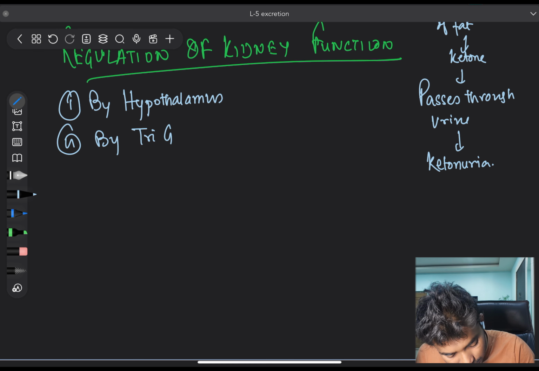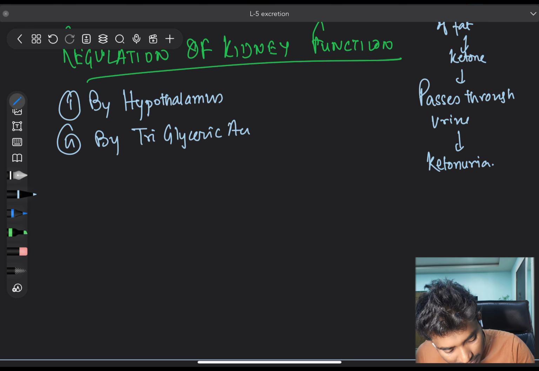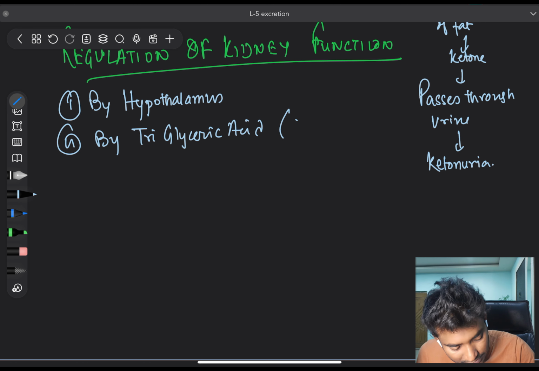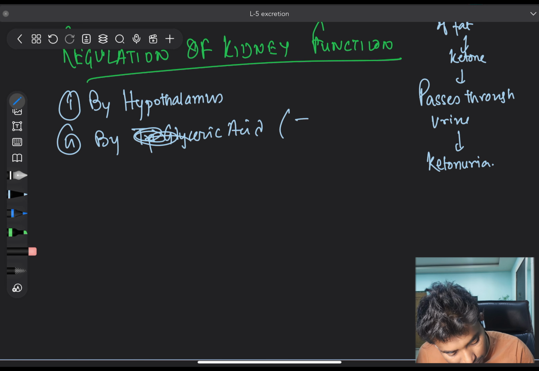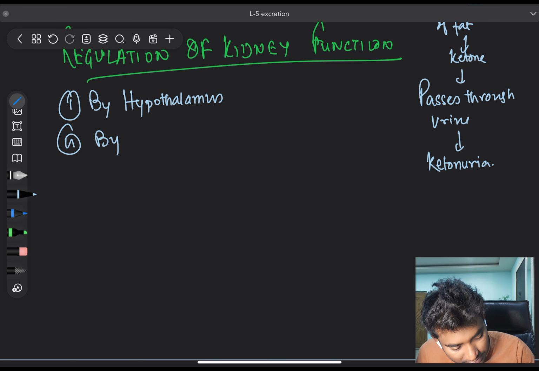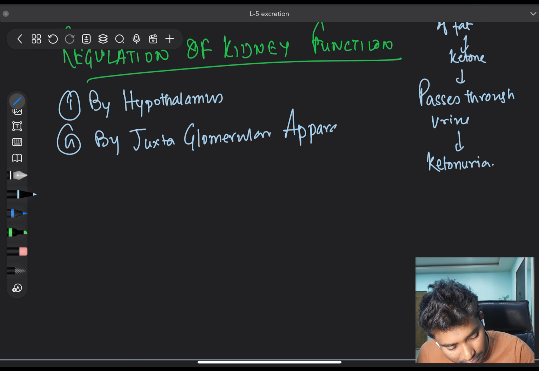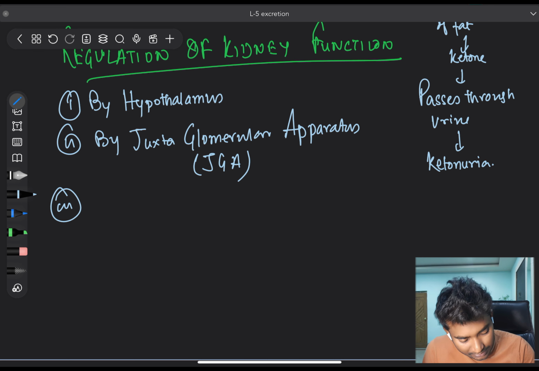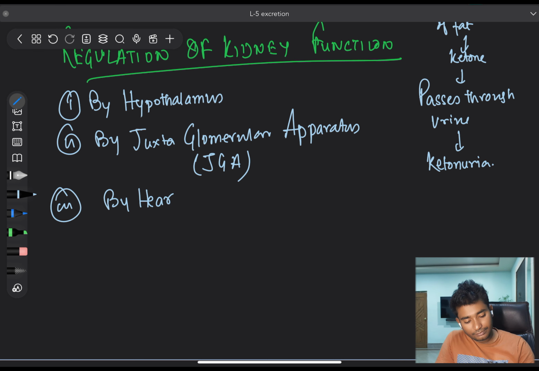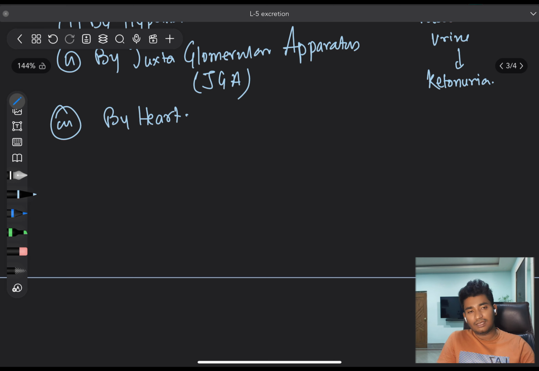By juxtaglomerular apparatus, JGA. It's not triglyceric acid. And third one is by heart. So in a case of cardiac patients, we generally see chronic kidney disease in the later part of that progression.